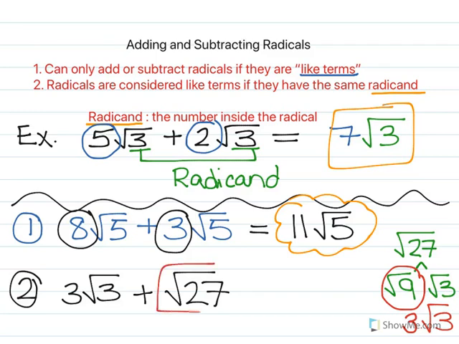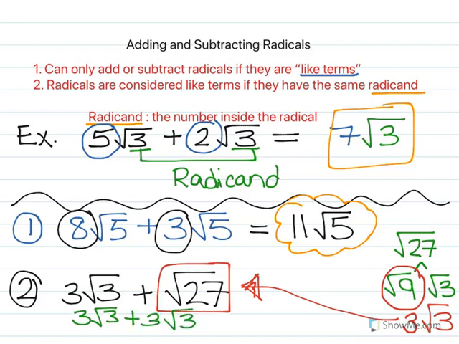So this radical 27 is going to change to 3 radical 3, and now we have like terms. So now we have 3 radical 3 plus 3 radical 3, and our final answer is going to be, add the outer numbers together, 6 radical 3.